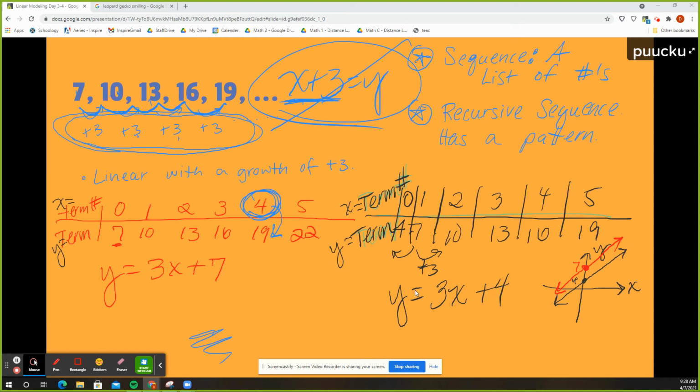But when we use x and y, we're actually trying to figure out how do I go from the x to the y. There is an equation for recursive this, but I'm not teaching it to you this year. I'd have to teach you a whole new notation, and we're not doing it.